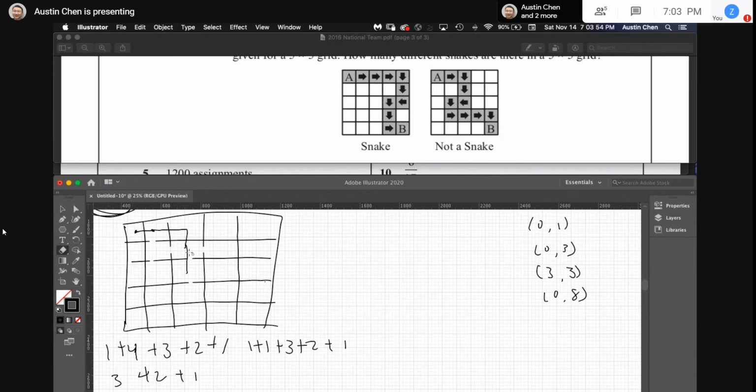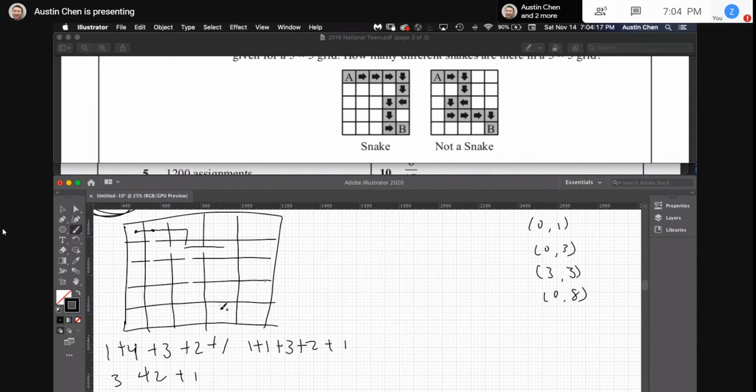But what if we go right? All right, well, if we go right, and let's say we go down, then we could go left to any of these, or actually we can. If we go left to any one of these, then if we come back here, we're gonna form a square, right? So we can't go left here.